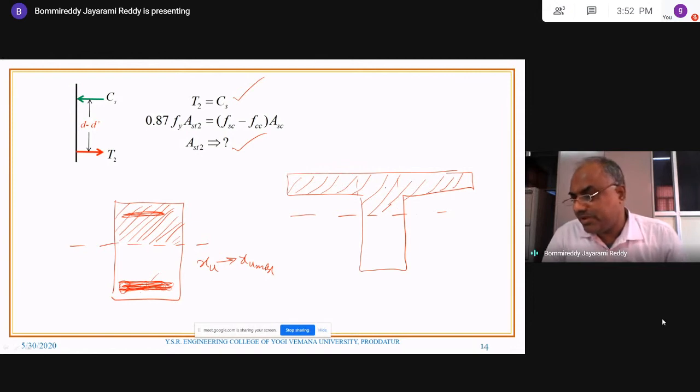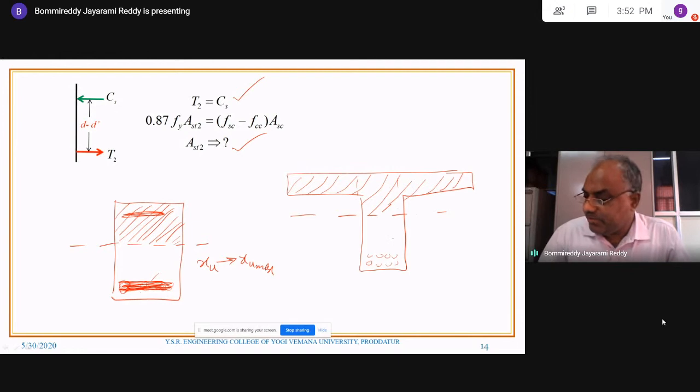This is called the flange. So mainly flanged beams are required to increase the compressive resistance of the concrete, and we can provide a large amount of suitable reinforcement so that it will be an under reinforced, balanced or over reinforced section.